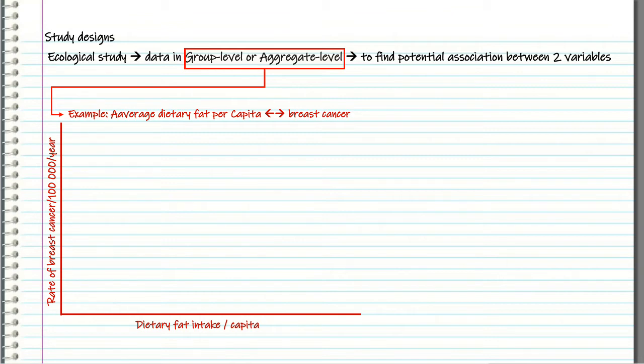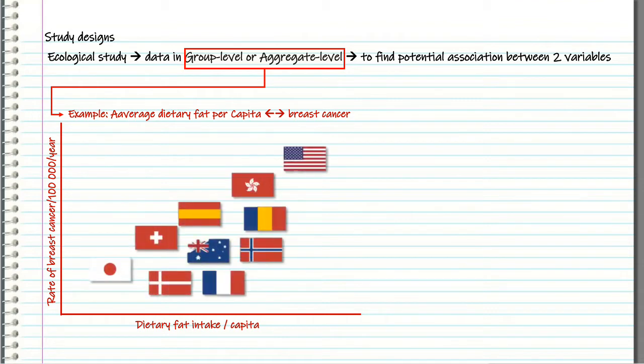And then we also have the record for dietary fat intake per capita. We can find that in different countries there will be a kind of linear correlation. As you see here, Japan, for example, has the lowest rate of fat intake and the lowest rate of breast cancer incidence.